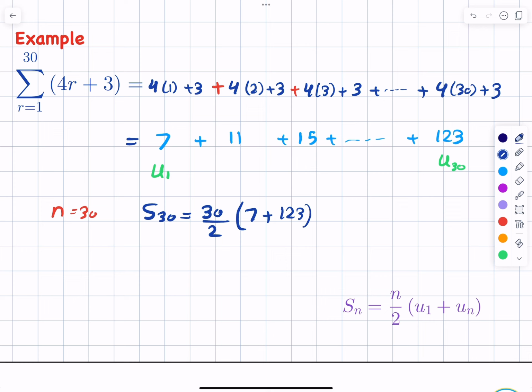And if we do this in the calculator, we would get 1950. So if we evaluate this sigma notation, it will be 1950, which is the sum of all of these numbers.